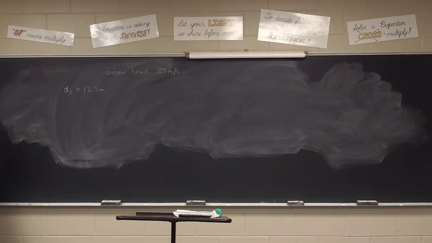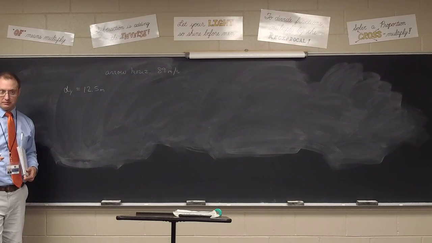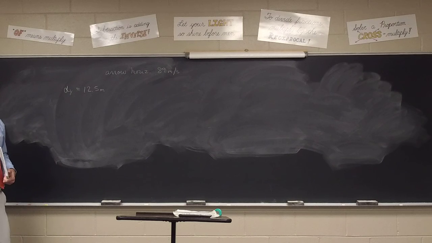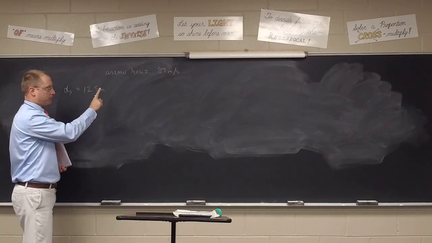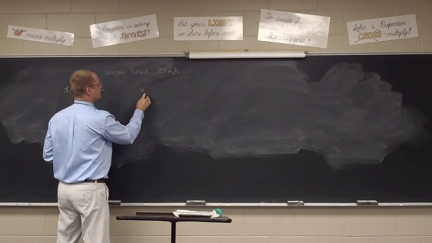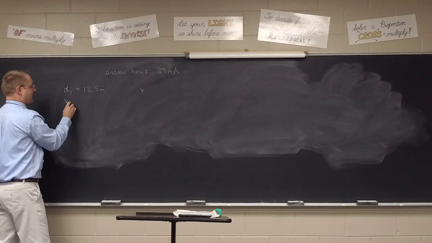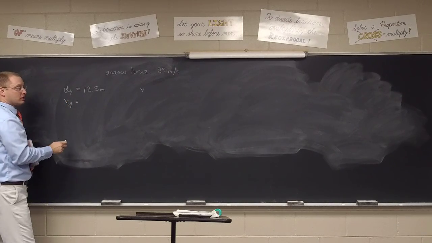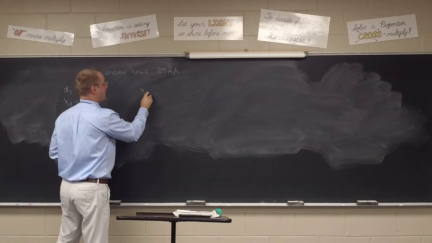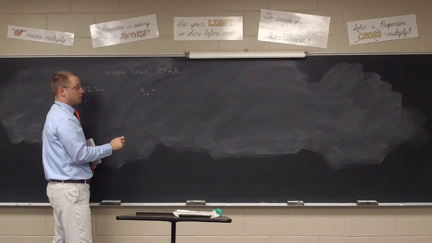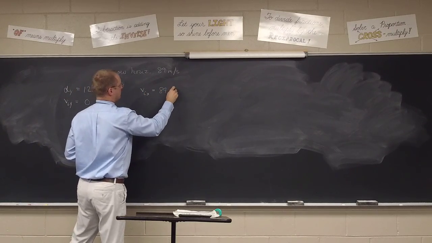So will it go up or will it go down? Down. Even though it's not being shot down, it will go down because of gravity, right? But it starts out horizontal. So initial velocity in the y, class, is 0 if it's perfectly horizontal. Now initial velocity in the x, class, is 89 meters per second.